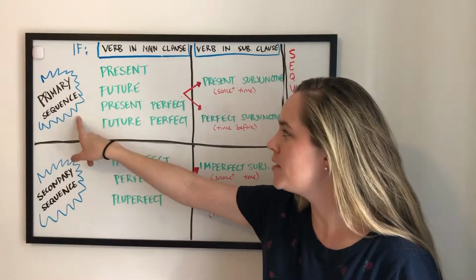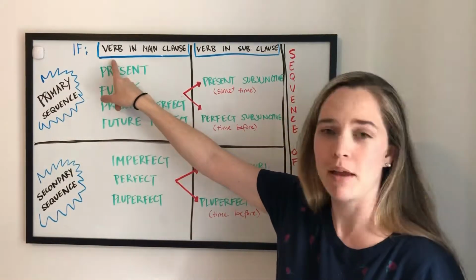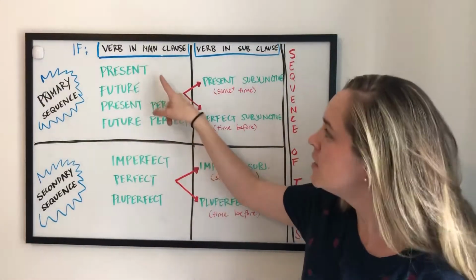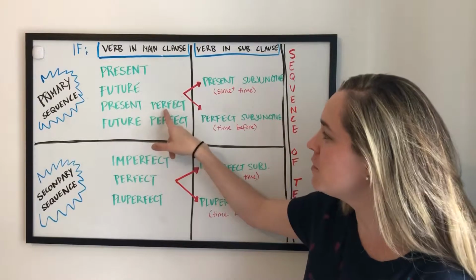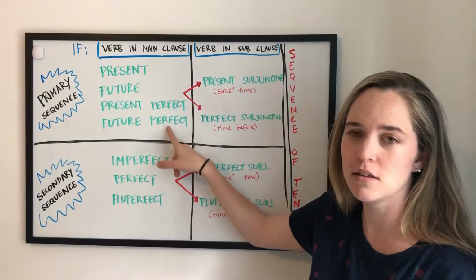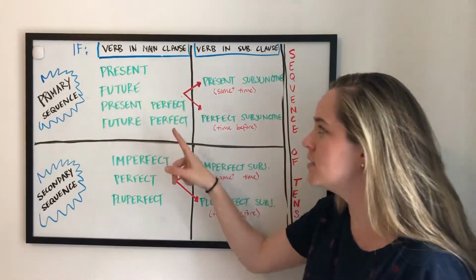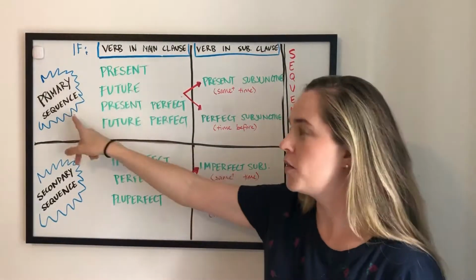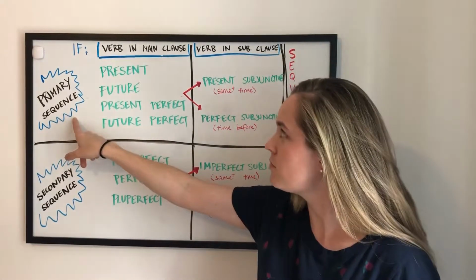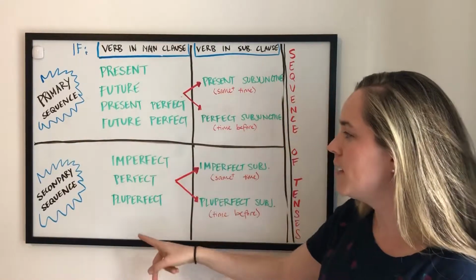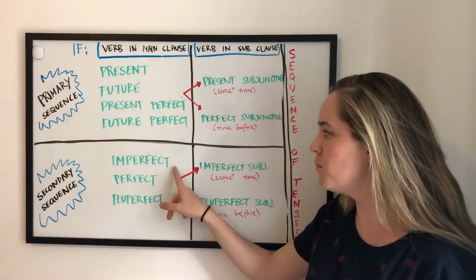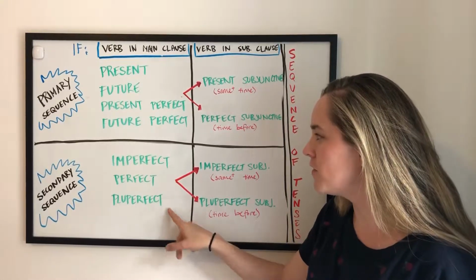If it's in primary sequence, the verb of that main clause will be in one of these tenses: present, future, present perfect, or future perfect. Notice that all of these tenses express either present time or future time. That's called the primary sequence. If your main verb is in secondary sequence, it will be in a past tense, either imperfect, perfect, or pluperfect.